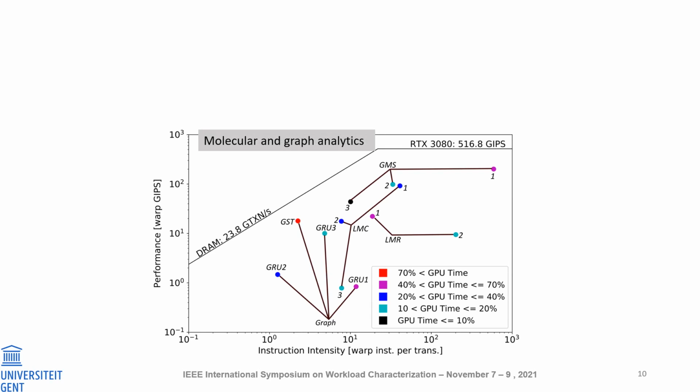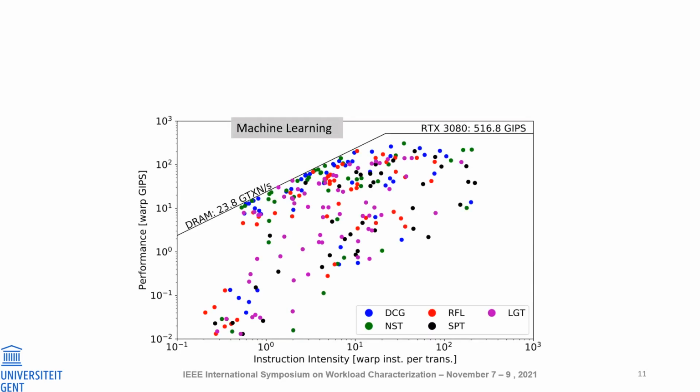As you can see, important kernels that together take at least 70% of the total GPU time have diverse resource bounds. The same result can be seen for machine learning applications, and with respect to the large number of kernels, they are composed of both memory bound and compute-bound kernels.